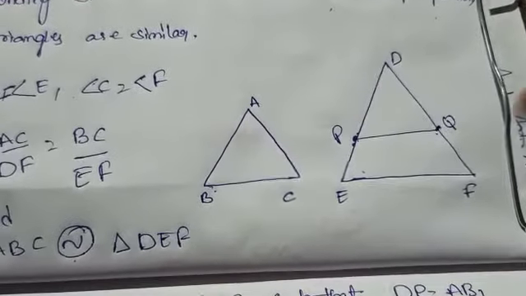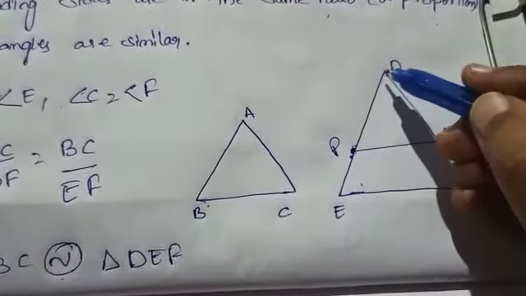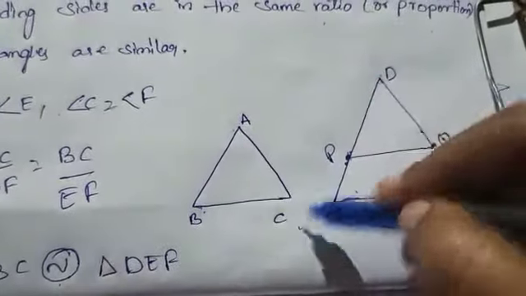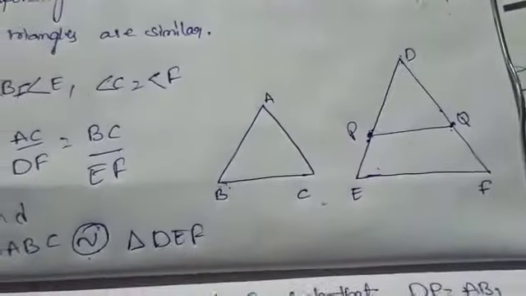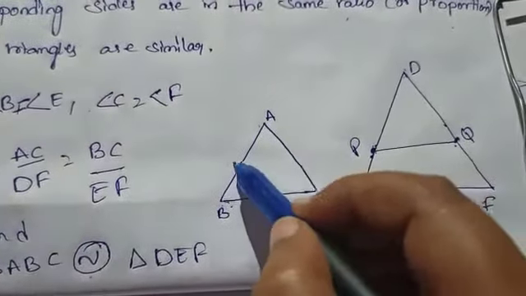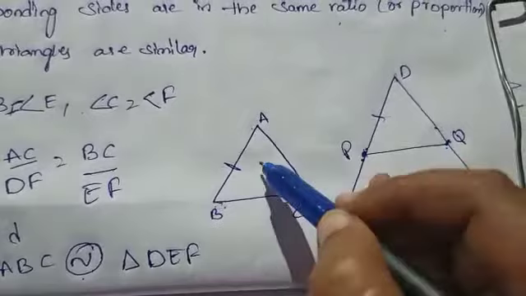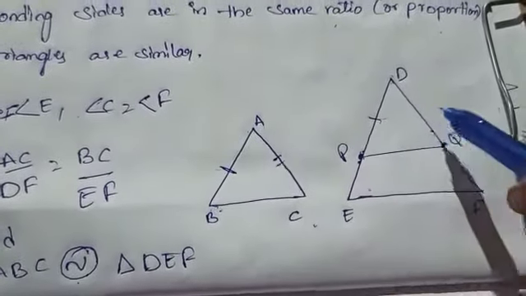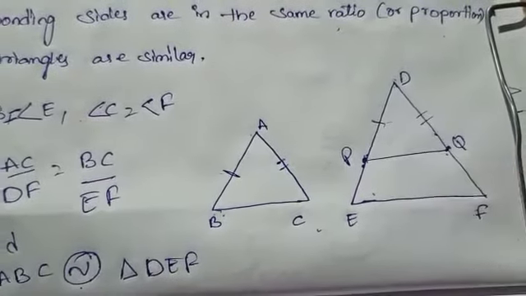Here DQ equals AC and DP equals AB. Is it clear? These two sides are equal, AB equals DP and AC equals DQ.